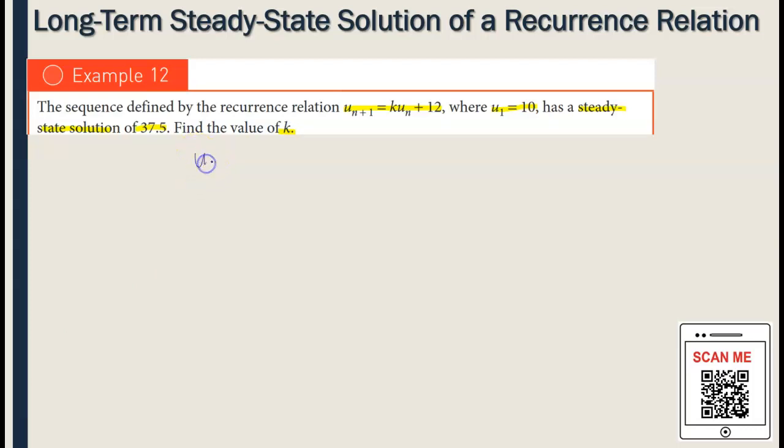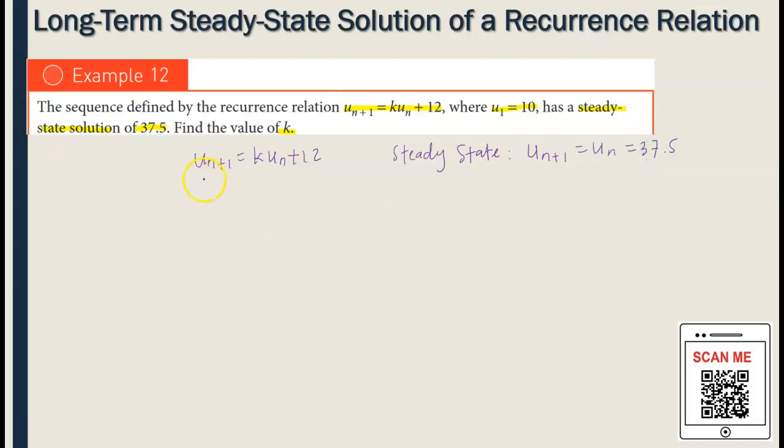Un plus 1 equals k un plus 12. And they say your steady state solution is 37.5. That means at steady state, the term is no more in t but is in u. That means un plus 1 equals un, and in this case is 37.5.